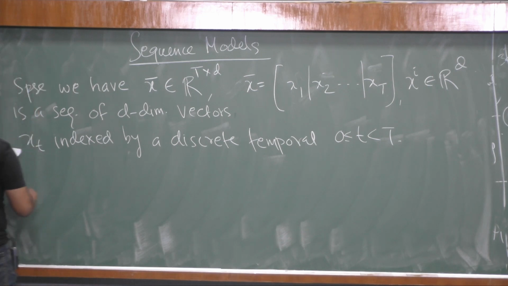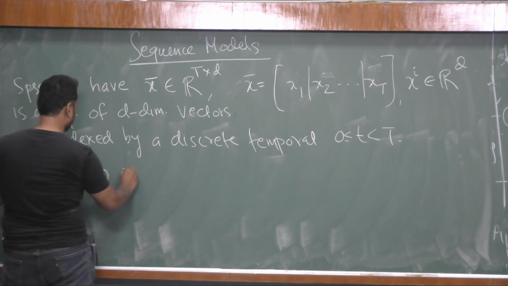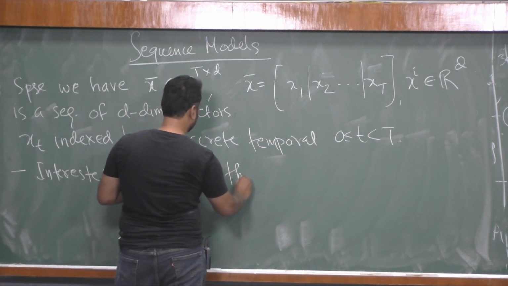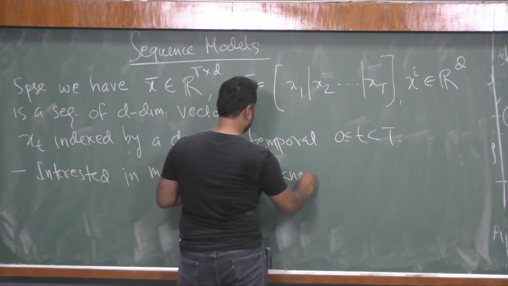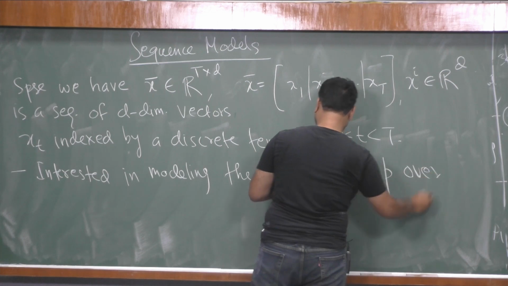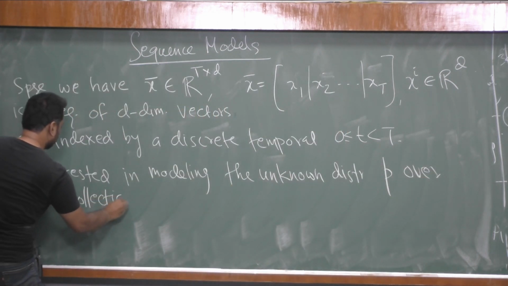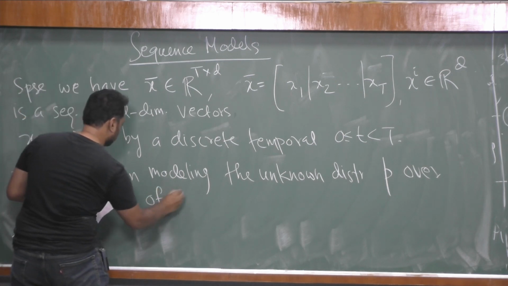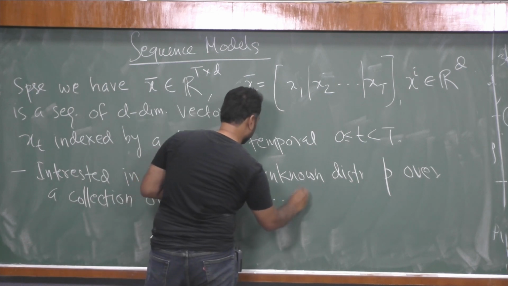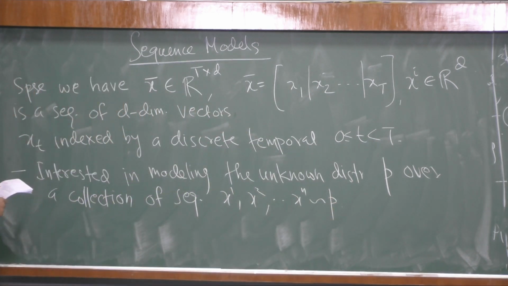So we are interested in modeling the unknown distribution P over a collection of sequences, x bar 1 to x bar n taken from distribution P.